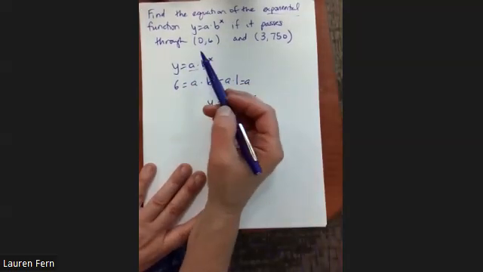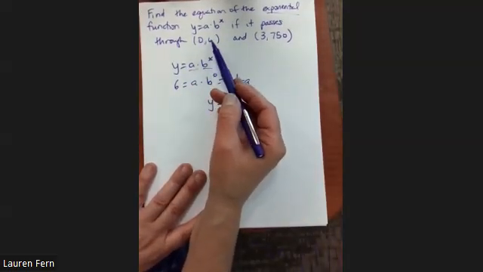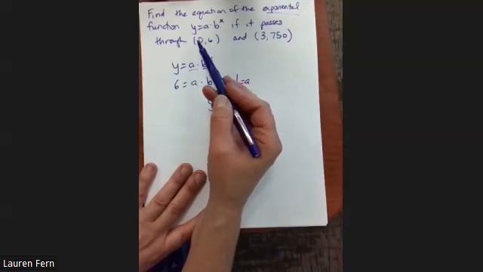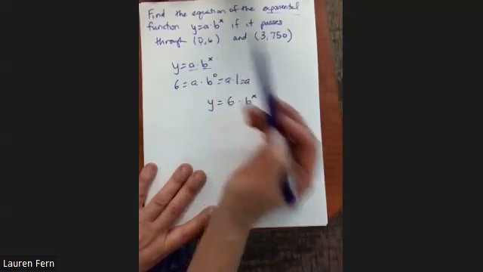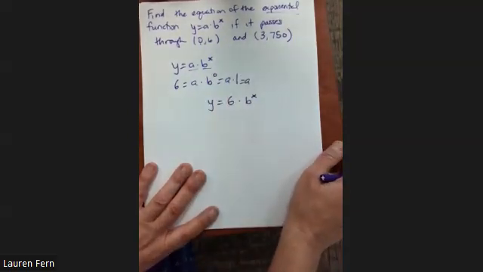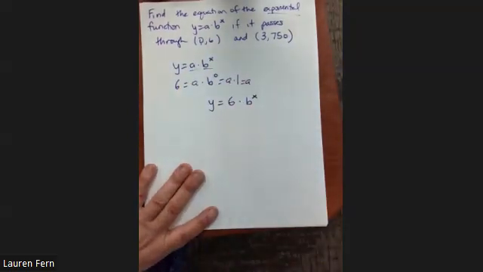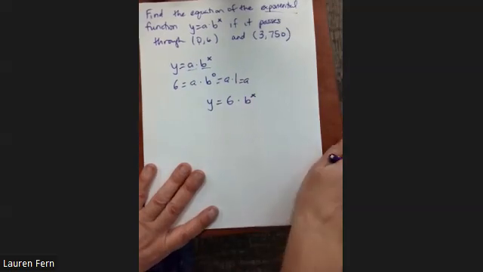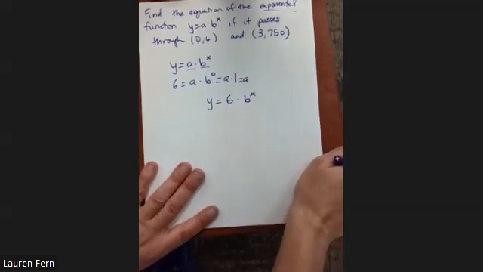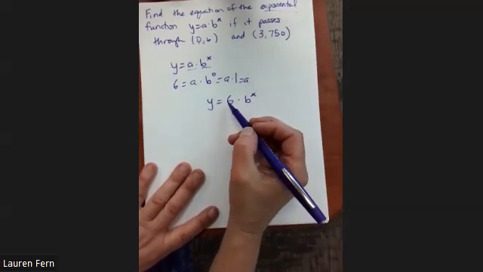Now, how do you know to look for that? Remember, your initial value is your function value when x is 0. So when you're given this ordered pair, hopefully your eyes light up a little bit. You with me this far?